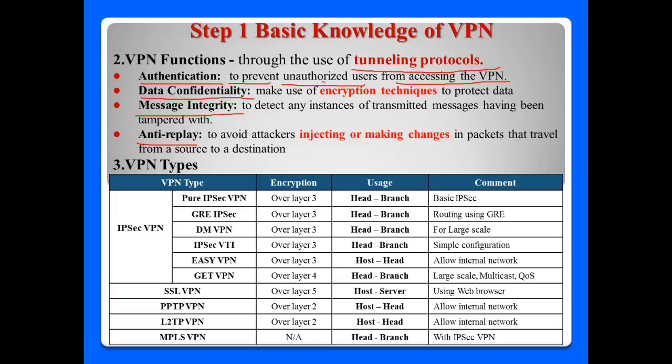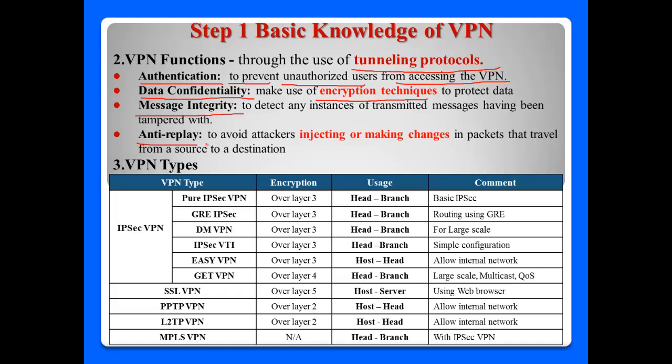Data confidentiality. Normally for data confidentiality, we use encryption techniques to protect data from attackers. And message integrity is to detect any instances of transmitted messages having been tampered with. In the middle, we can use message integrity to check or detect any changes.